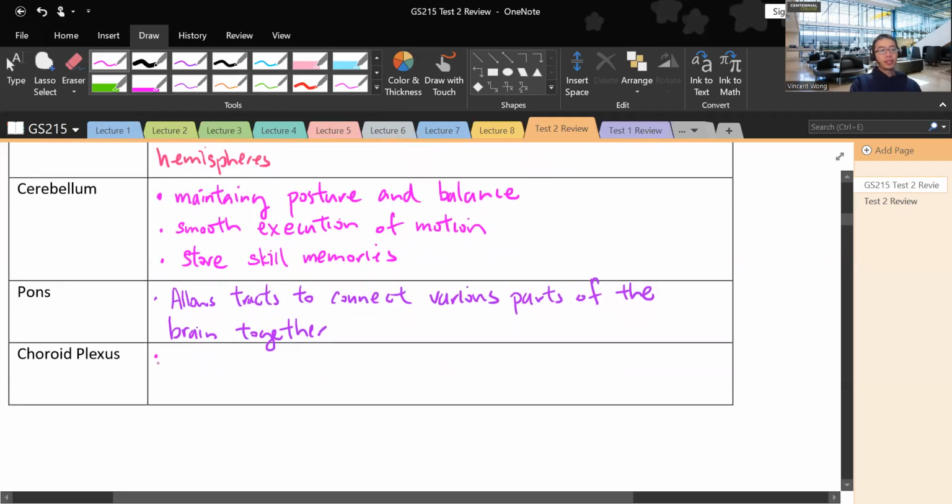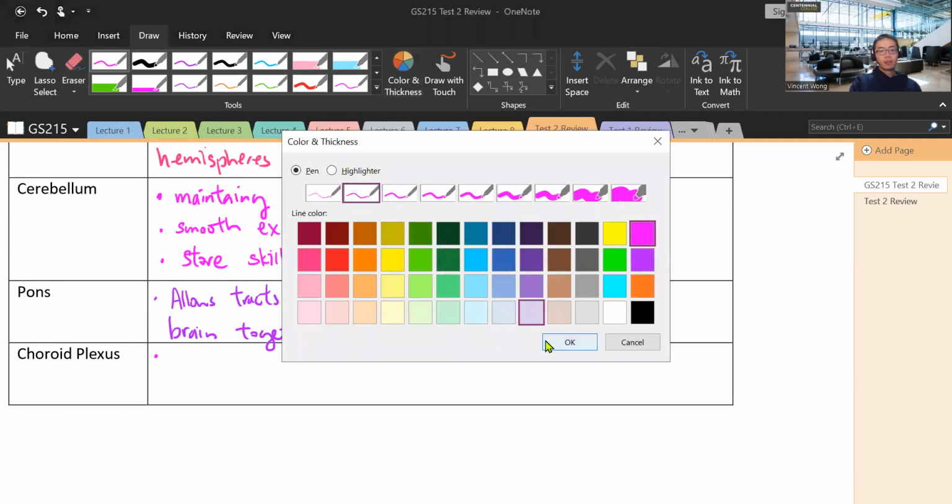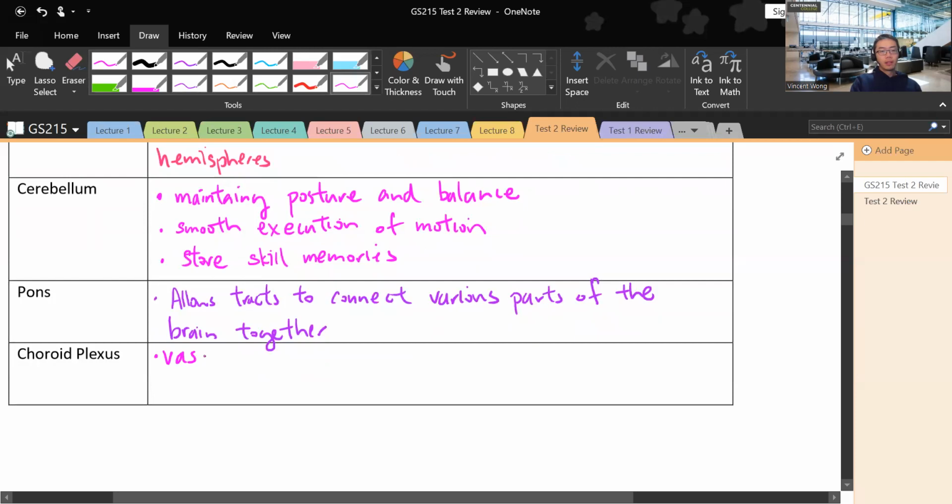Okay, last one here, the choroid plexus. Again, you might remember that. That is the vascular structure found in the ventricles of the brain, where you have four ventricles, and you would find the choroid plexus in all of them.